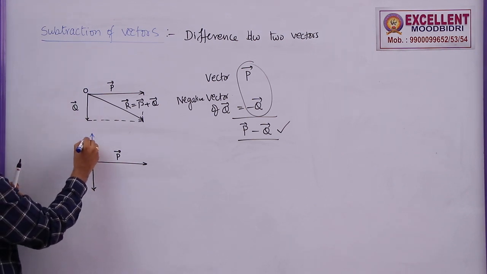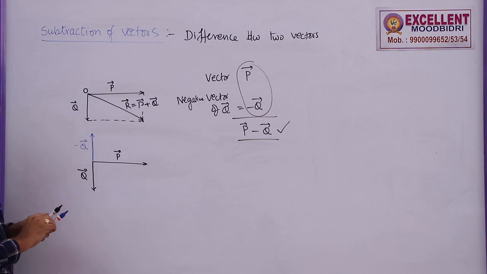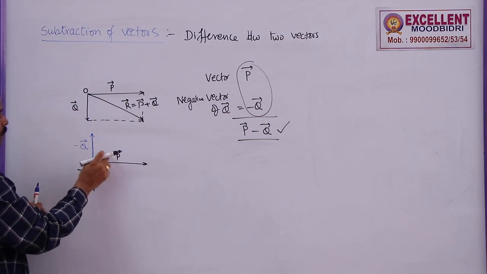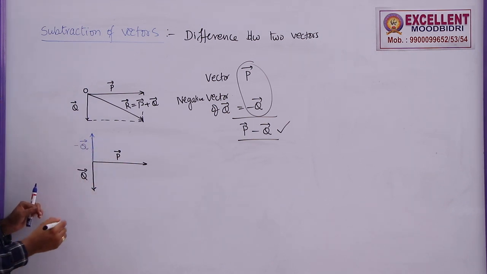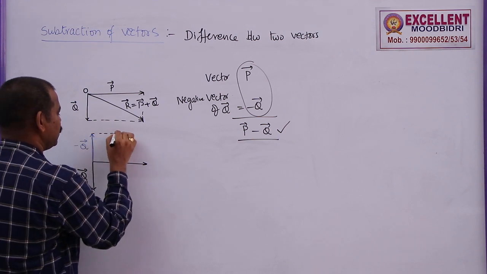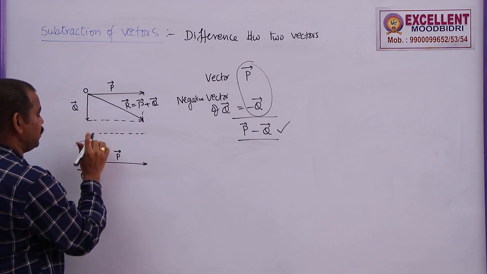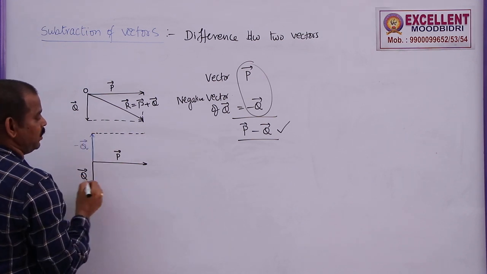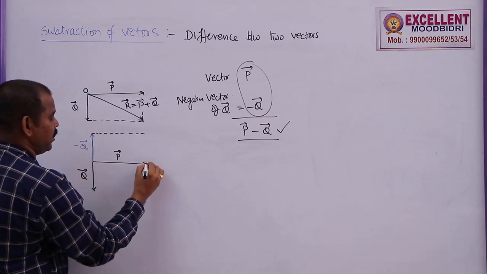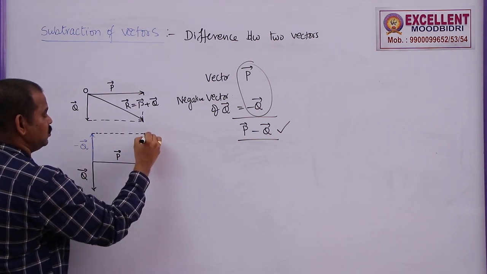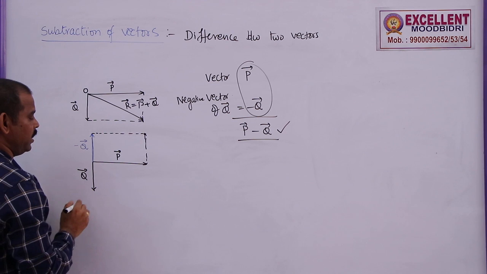This is minus Q bar. So in this case, how to find the sum of these two? To find the sum, we have the parallelogram method. Draw a line parallel to the first vector from the head of the second vector. Similarly, draw one more line parallel to the second vector from the head of the first vector. So this is the point of intersection of those two lines.